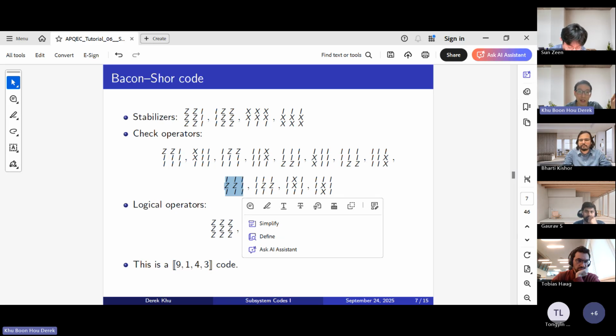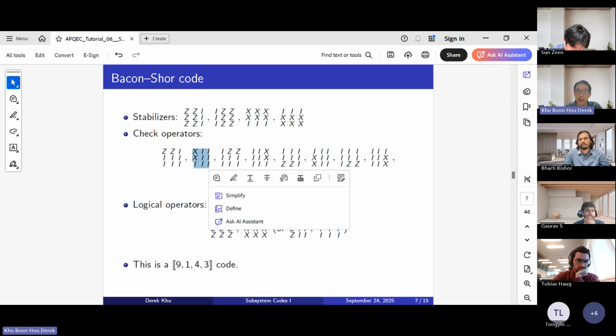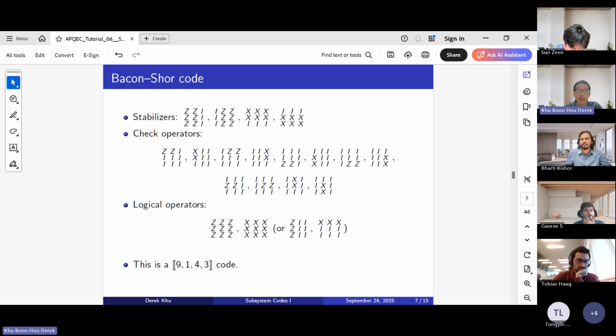And then to get this guy, we would measure this X, as well as this X. Your worry is that it might affect this guy. It actually doesn't affect the value of this guy, because this check operator commutes with both of these. All of these stabilizers commute with all of the checks. The checks don't commute amongst themselves, but the checks commute with the stabilizers.